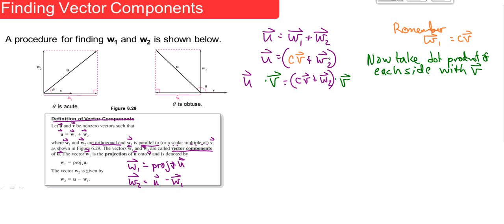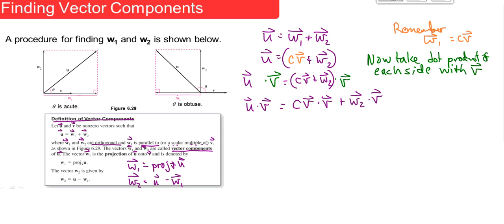I'm going to take the CV dot V, and this W2 dot V. So I've got U dot V equals CV dot V plus W2 dot V. And then this one is V dot V, and do you remember that V dot V is the magnitude of V squared?